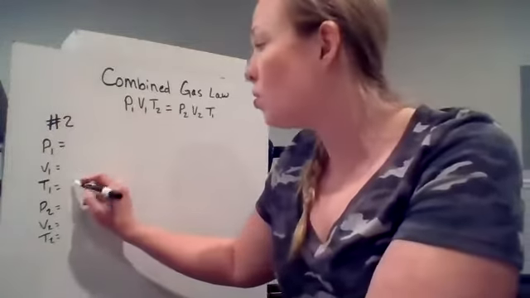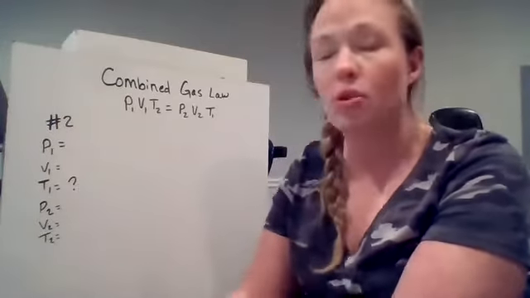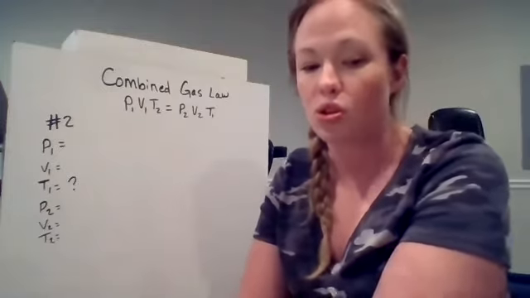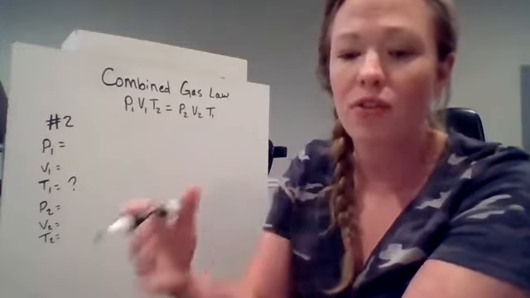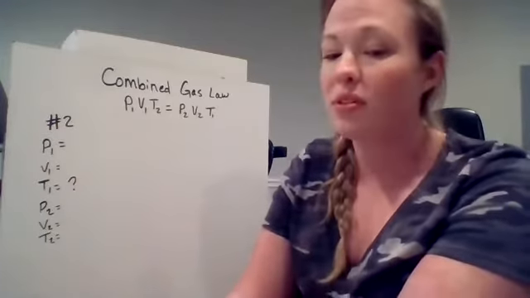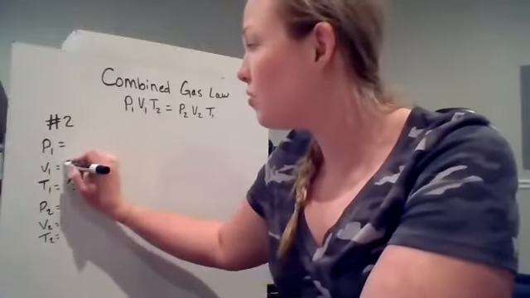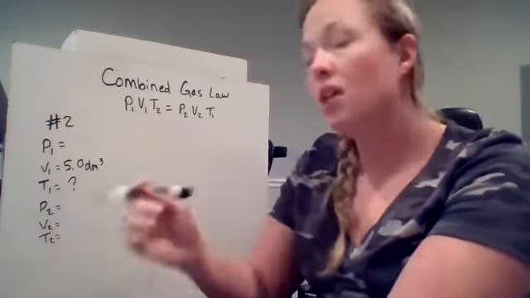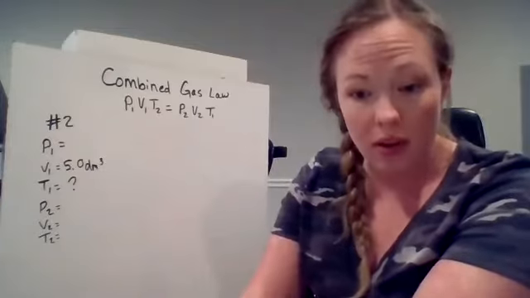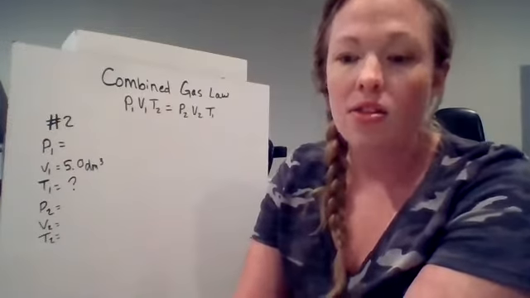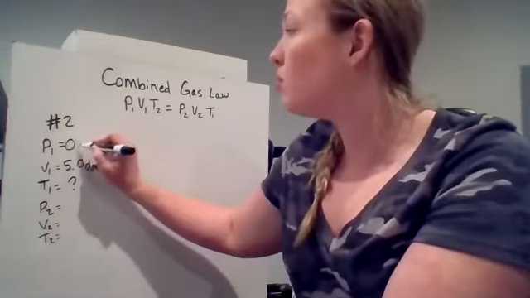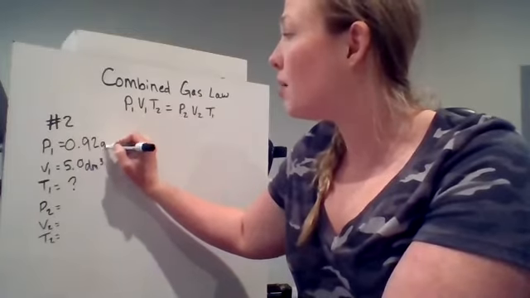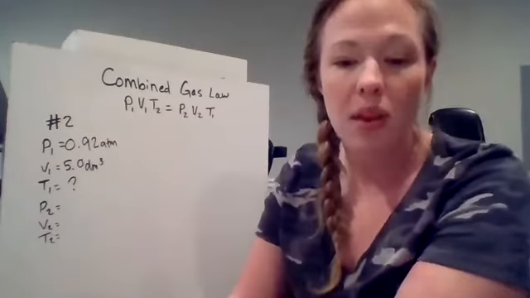So first of all, what we're looking for is our initial temperature, which is T1, which is what we're searching for. The very first value given in the problem is 5.0 decimeters cubed. That's an unusual unit of volume, but we can work with it. We'll come back to that in just a second. The pressure is 0.92 atmospheres, okay?